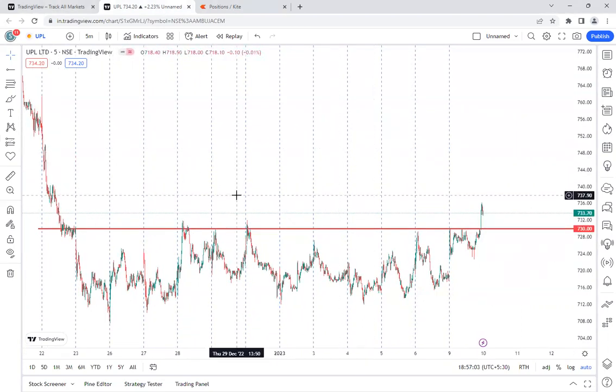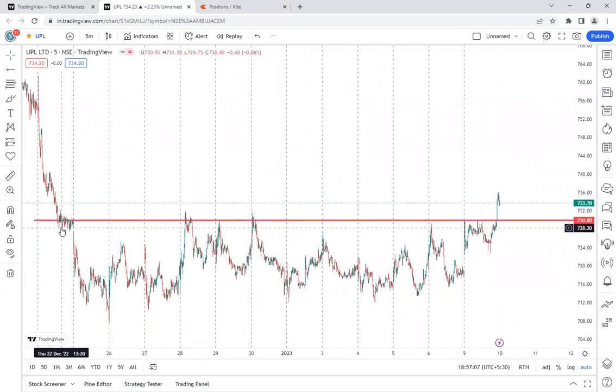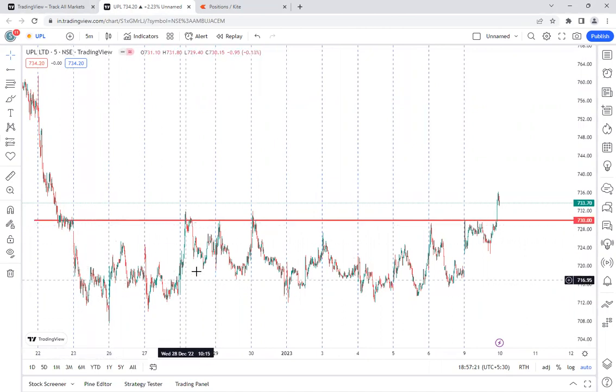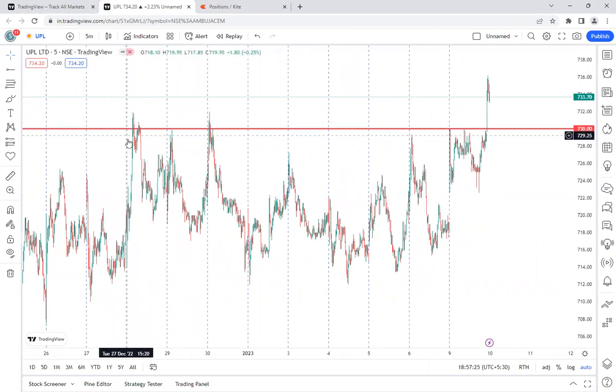The reason I have plotted that level as a key level is, if you see here on 22nd December, the price got some sort of support there. The buyers tried to stay above that level, and then after that it fell down. And on 28th December, there was a good rejection.